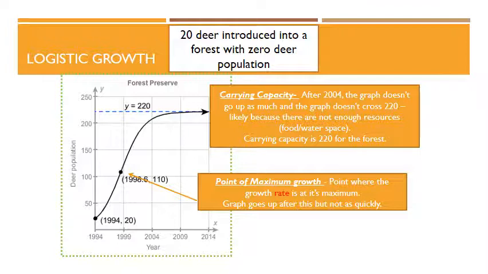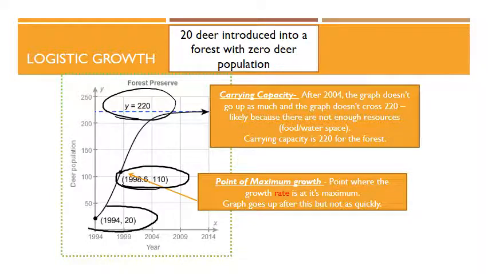So we have the point of maximum growth right here. Your top asymptote is up here, and your bottom asymptote is going to be at y equals 0. But you do have a starting point, and in 1994, 20 deer were introduced.